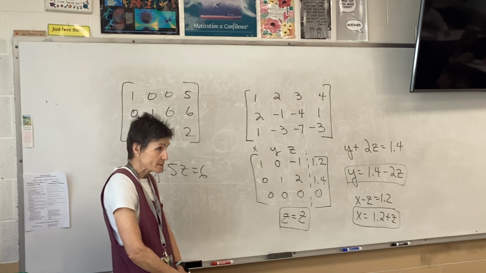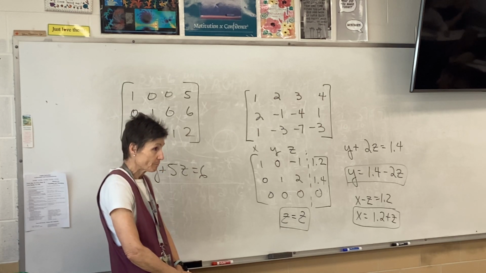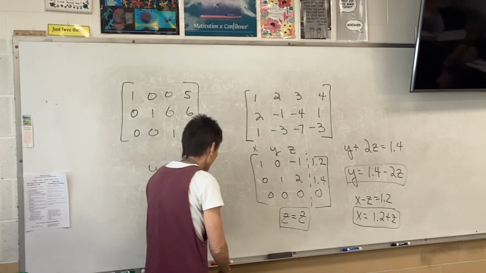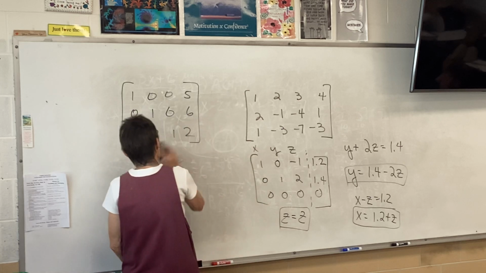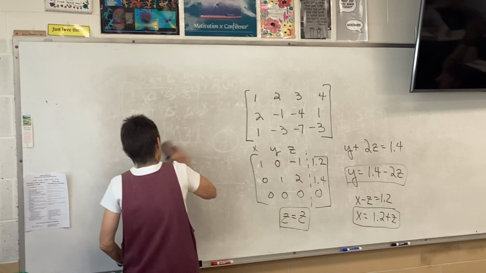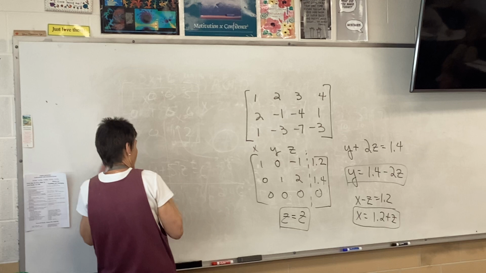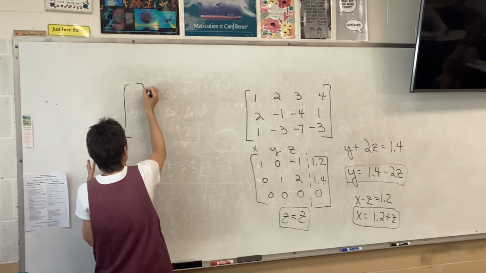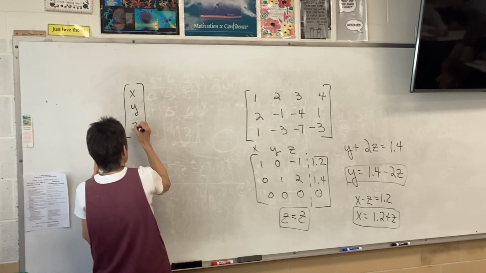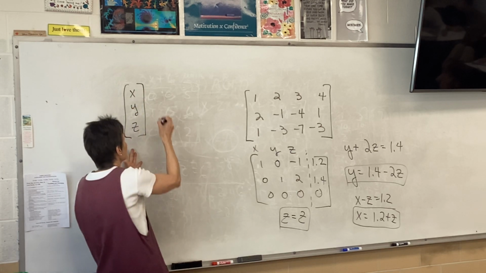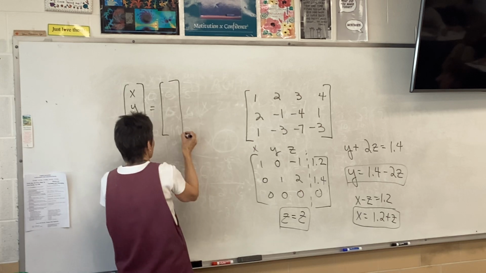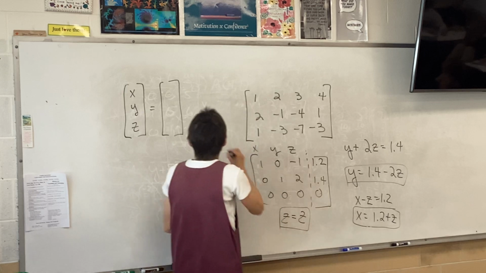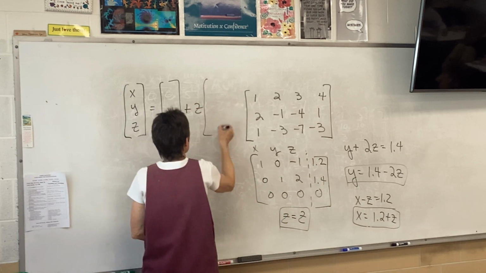Guys, this happened to us in our notes, remember? And then we gotta organize our answer. Kara, how does that look when I try to organize all this? It looks like a matrix. All right, X, Y, and Z, that's my job. Each of those, look at your X, has two parts: a number part and a Z part.